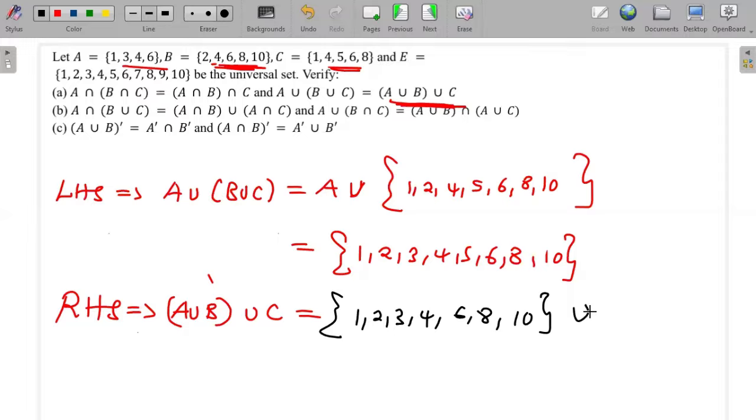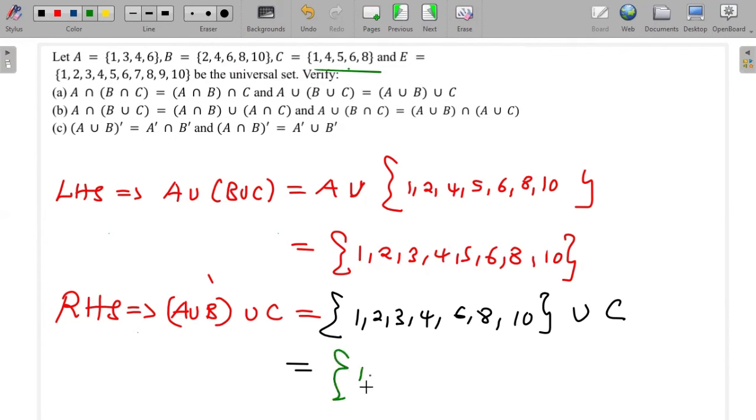Okay, then we're unionizing this with the C. So where's the C? So the C is here. So I'm unionizing this with this. So 1, 4, 5, 6, 8. So the 1, 4, 6, 8 is already here. What is missing is just the 5 there. So I'm just going to add the 5 to this.